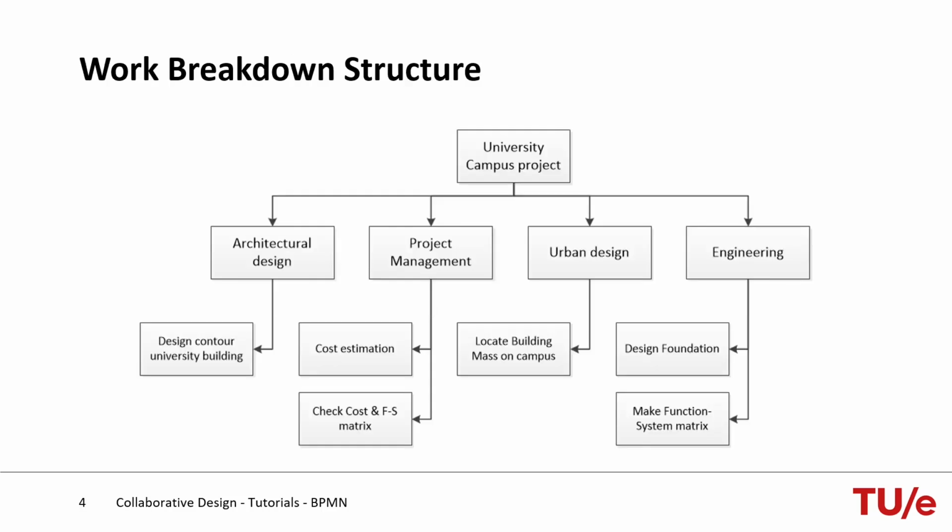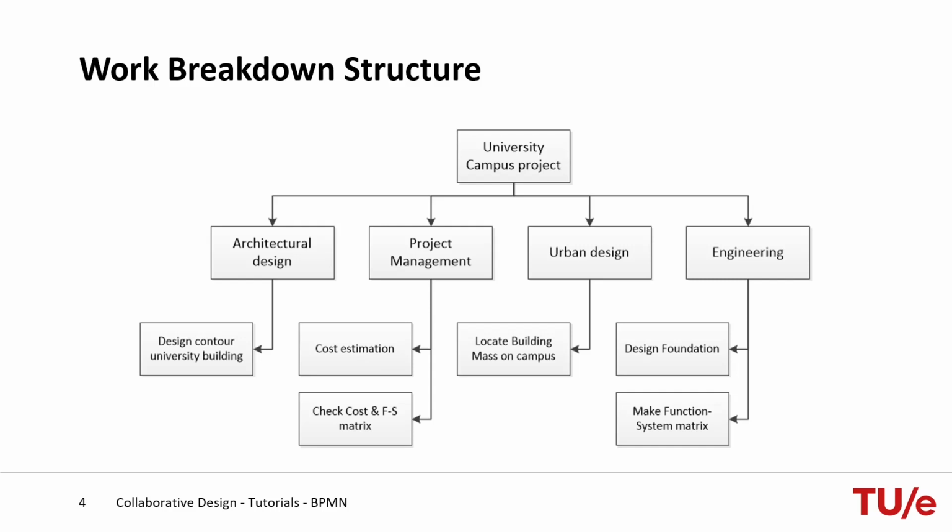Then you need to specify which tasks or activities are needed. So, again you will make a work breakdown structure. At the top here is, for this example, the design of a university campus. And it is broken down into 4 parts, namely architectural design, project management, urban design, and engineering.